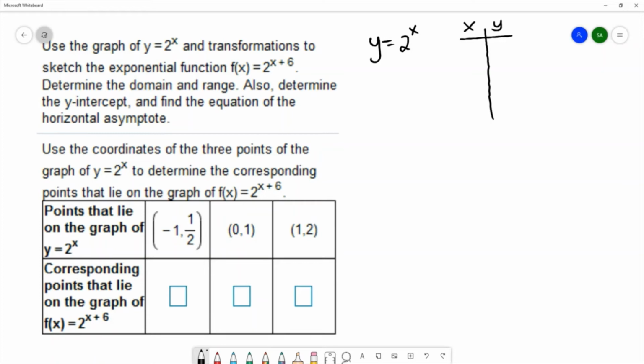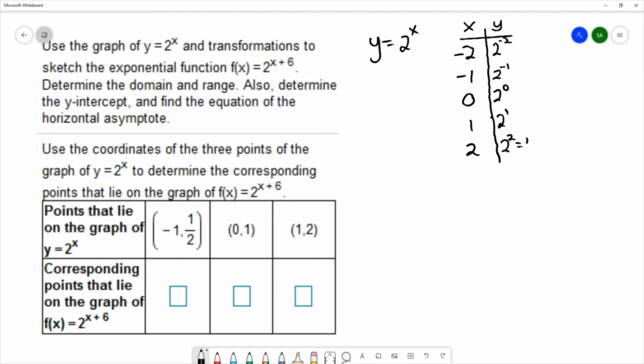You can choose a standard set of x's, -2, -1, 0, 1, and 2, and substitute those values into the equation to get those y coordinates. So that's 2 to the -2, 2 to the -1, 2 to the 0, 2 to the 1, and 2 to the second power. We simplify these.